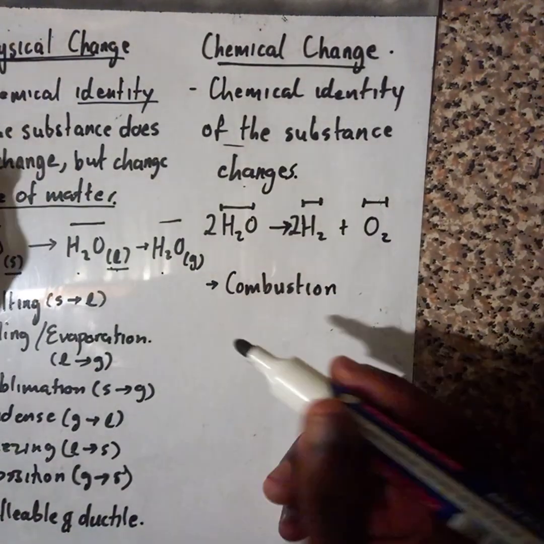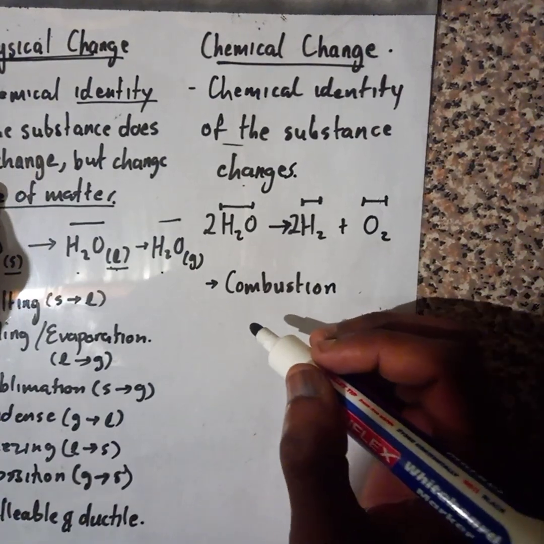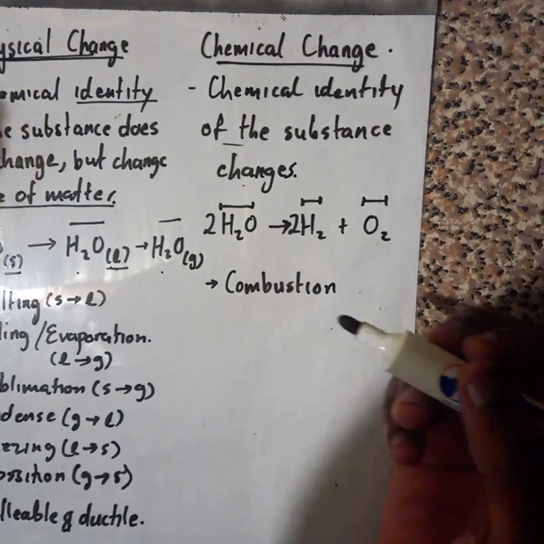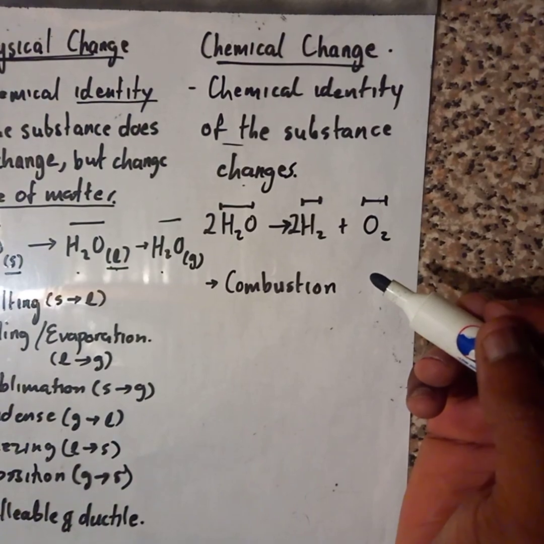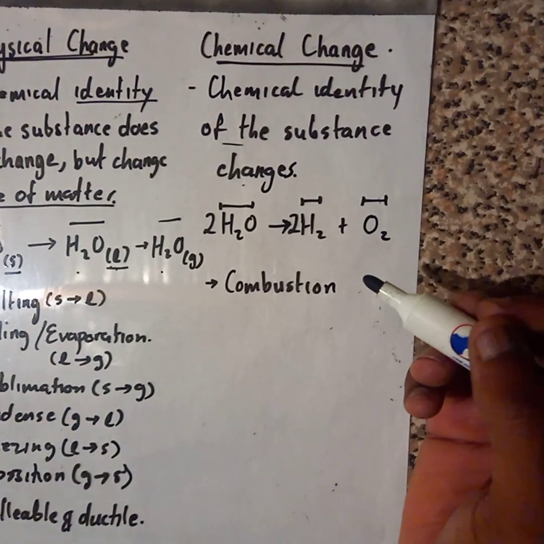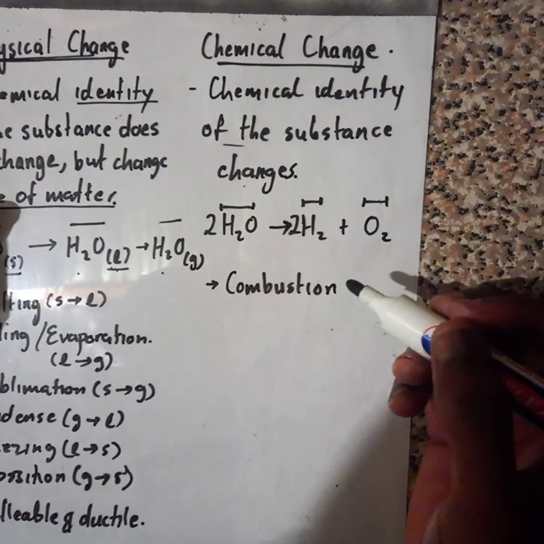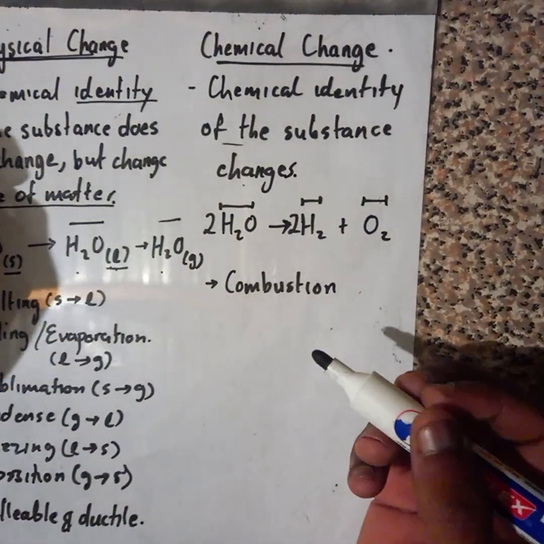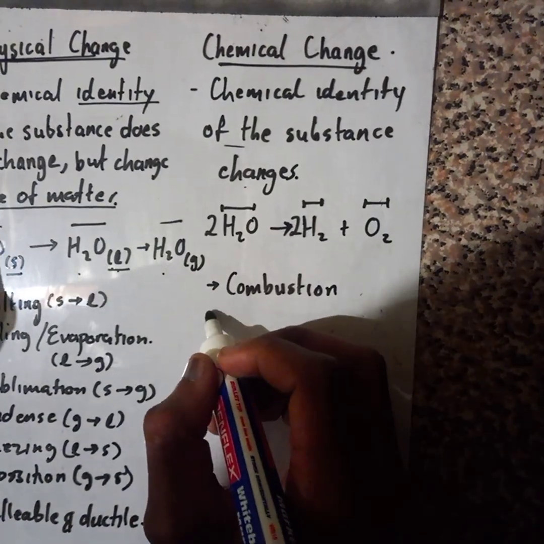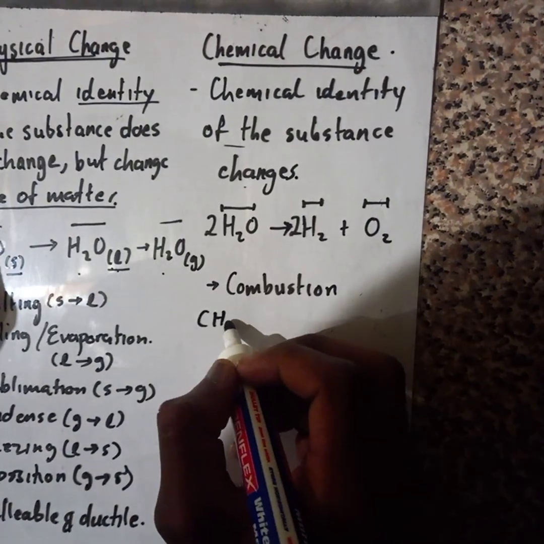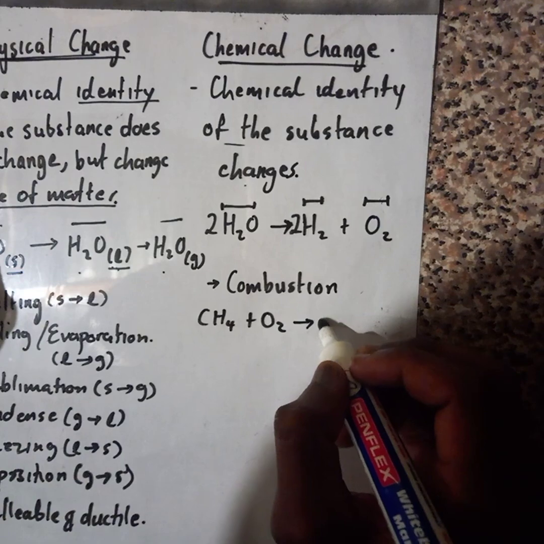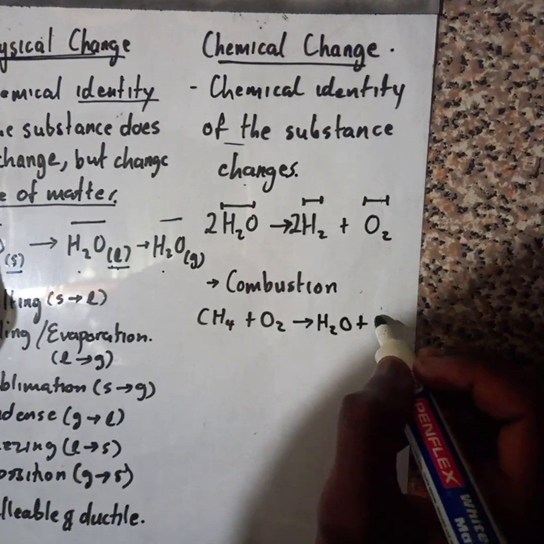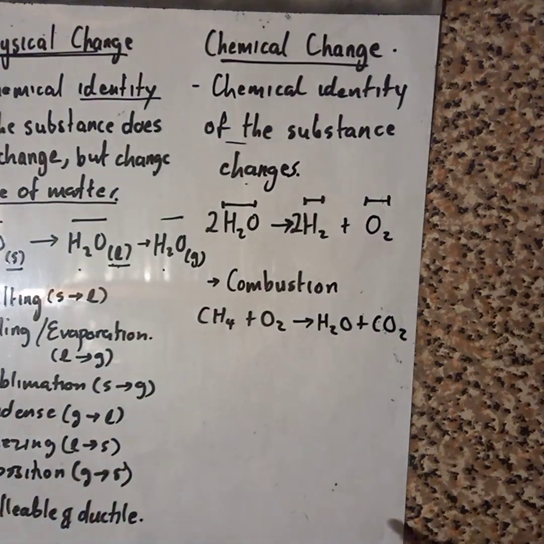Let's say we decide to take a hydrocarbon in the presence of oxygen and allow it to burn to give us water and carbon dioxide. Let's say we take ethane and allow it to burn with oxygen, we are going to get H2O and carbon dioxide.